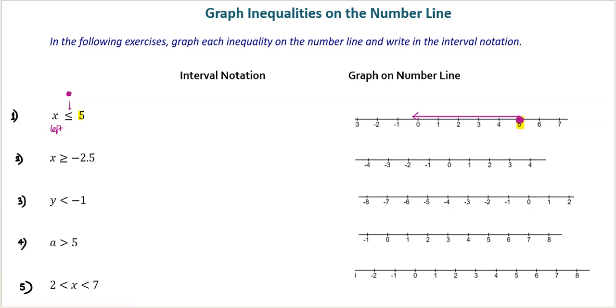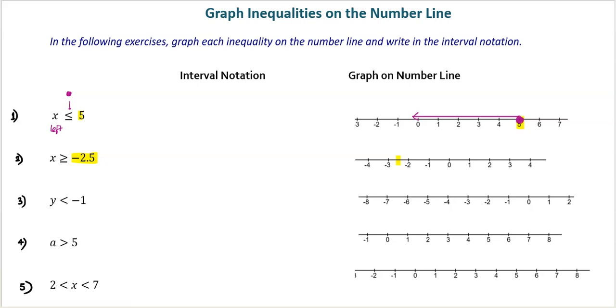Now, next question: x greater than or equal to minus 2.5. The first thing is to locate the point minus 2.5. This is minus 2, this is minus 3, so the point should be somewhere here.